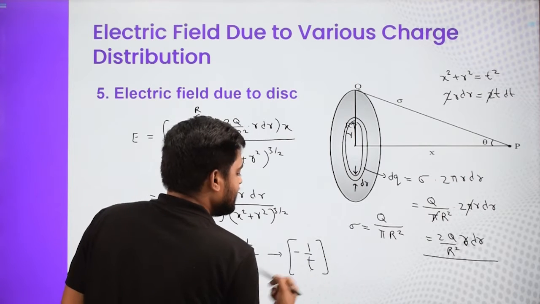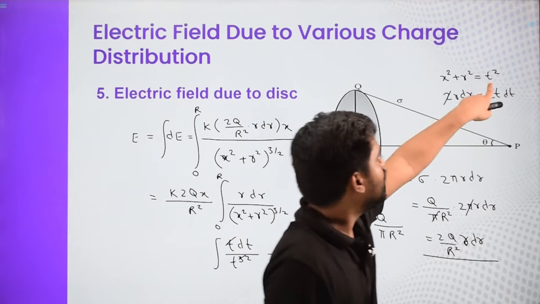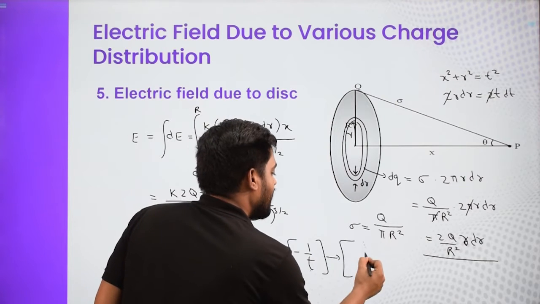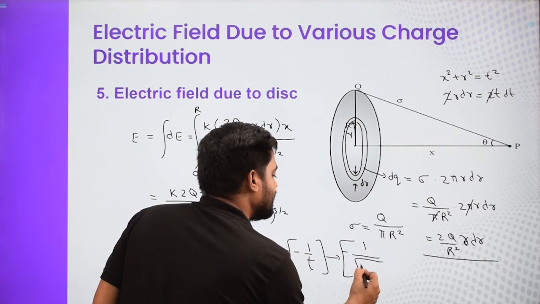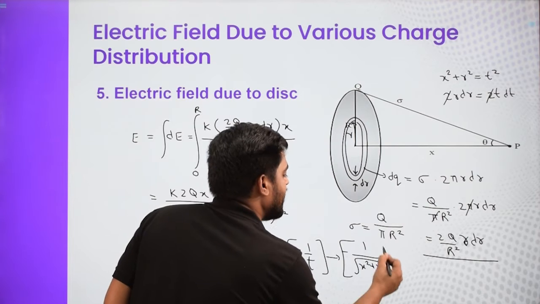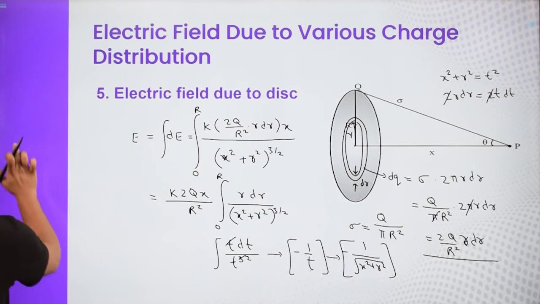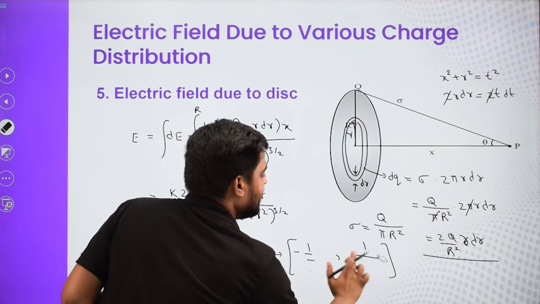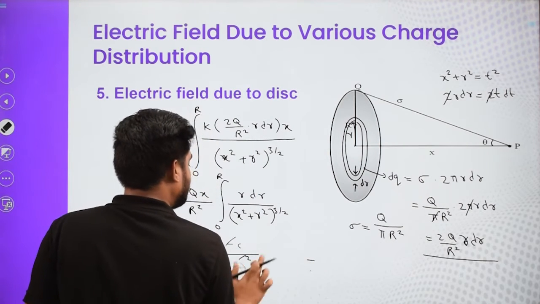And what is our t? t is root over x square plus r square. So the integration is minus 1 by root over x square plus r square. So I will put that directly over here and then substitute the limits.